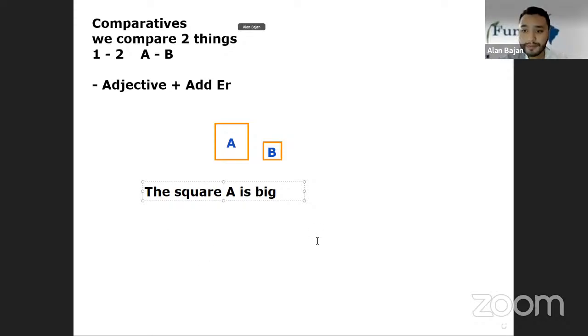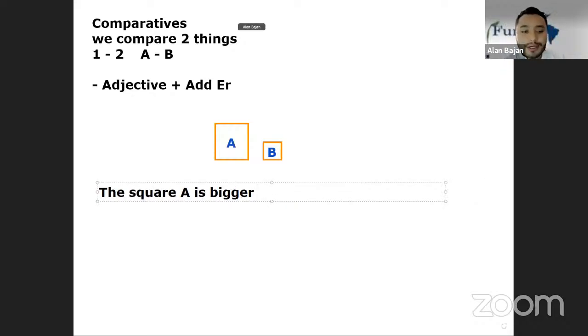Big is the common adjective, but I add ER to the adjective to compare it to the other option I have, the other square.